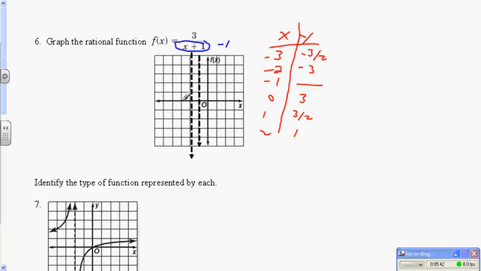So at -3, you are at -1.5. At -2, you're at -3. Undefined. At 0, you're at 3. At 1, you're at 1.5. Whoops, I did it again. Second time I've done this quiz, I'm making the same mistake twice.